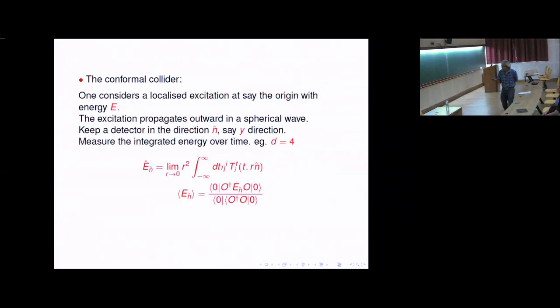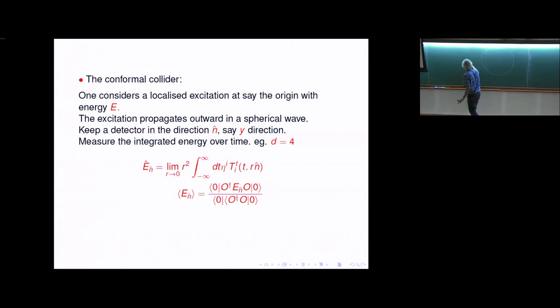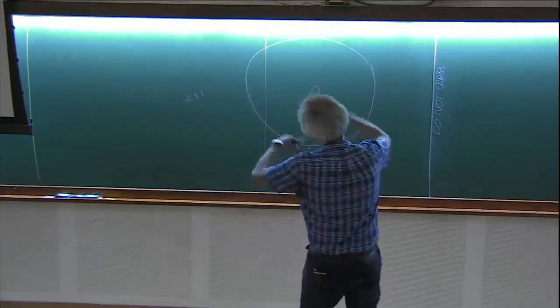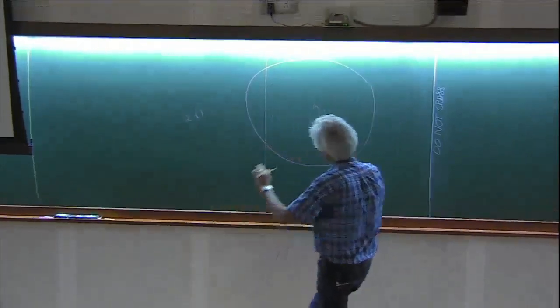So the conformal collider actually, let me repeat the experiment again. Many people might be familiar. It's good to see in a picture. So the experiment is, roughly speaking, you take an excitation at the origin. Say we are in a 2+1 dimensional theory. So time is forgotten and this is the 2 real space.